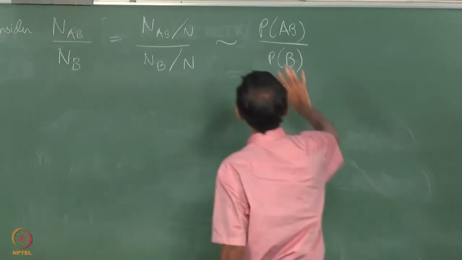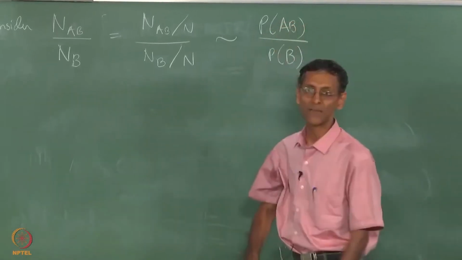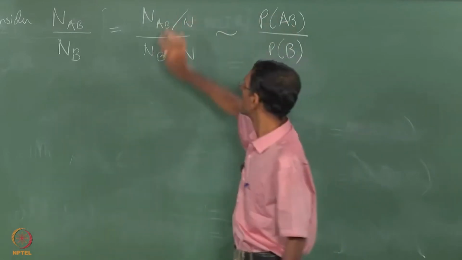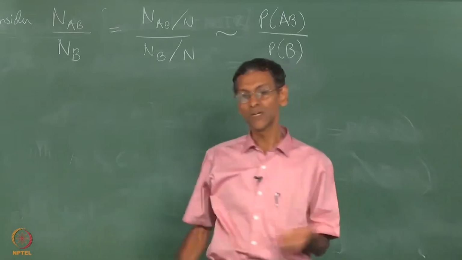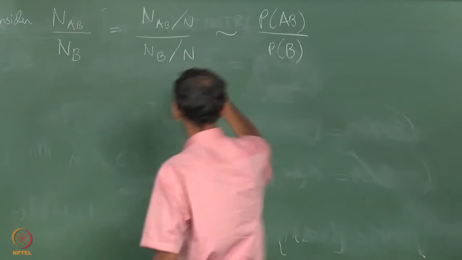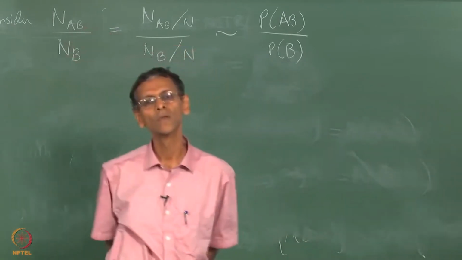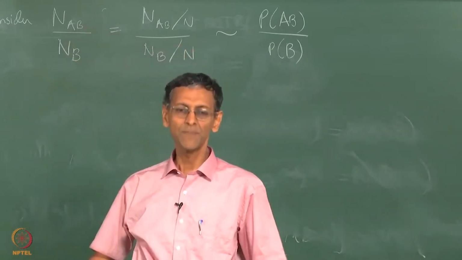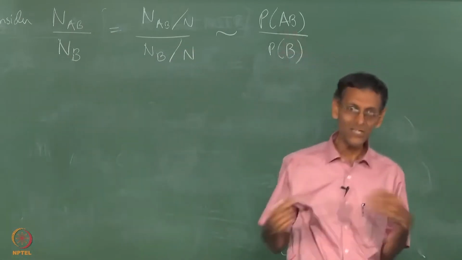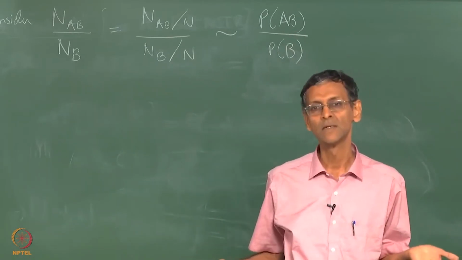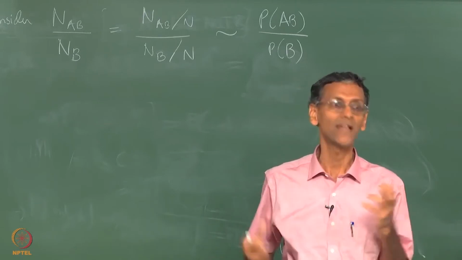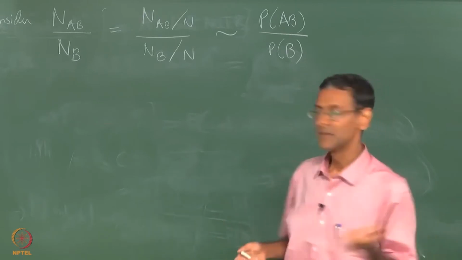So this ratio from the probability model aims to capture the ratio above. This is the basis for defining this ratio as the conditional probability of A given that B has occurred. This is how our likelihood of A changes, knowing that B has occurred.